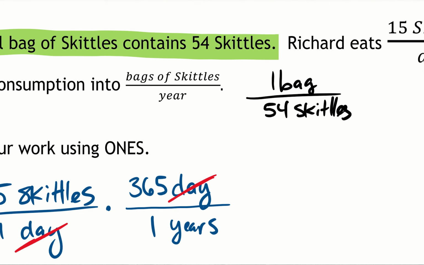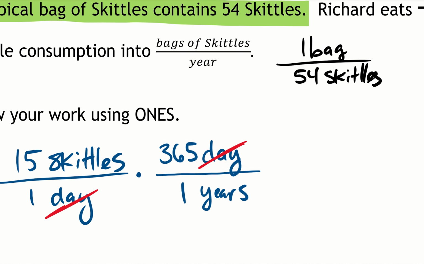So if a bag is 54 Skittles, this is fabulous because I want to cancel out Skittles from the problem that I have. So I don't even have to write the reciprocal. I'm going to bring this down exactly as I've written it: 1 bag of Skittles is the same as 54 individual Skittles.